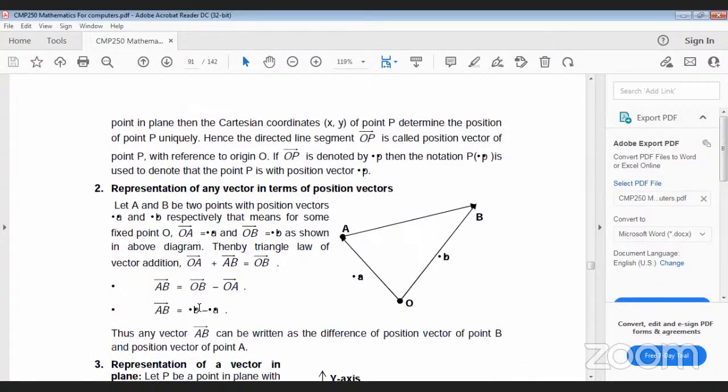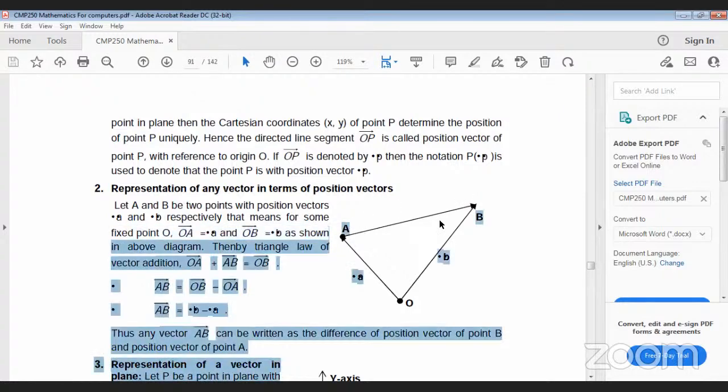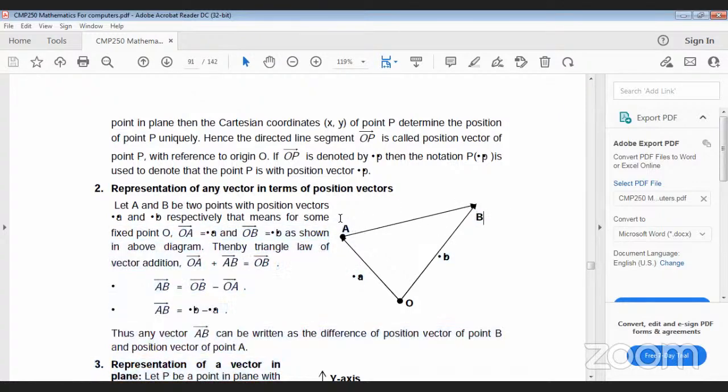Now, see over here. Let's talk about AB. If I am saying AB is what? The difference of the position vector of B and the position vector of A. So AB is in this form by the triangle law. What do we know? If I am having one initial point, you can see, and it becomes the terminal point of the other one.